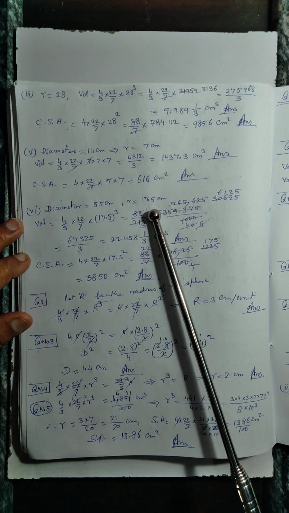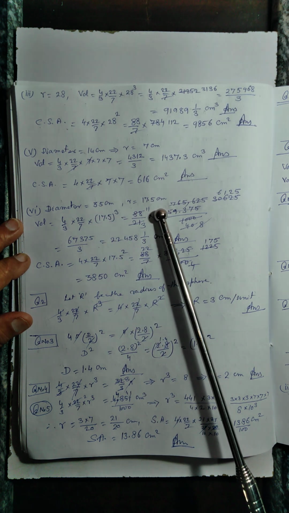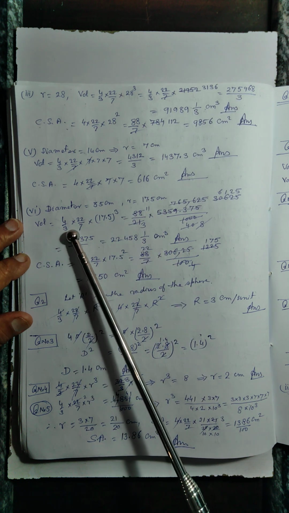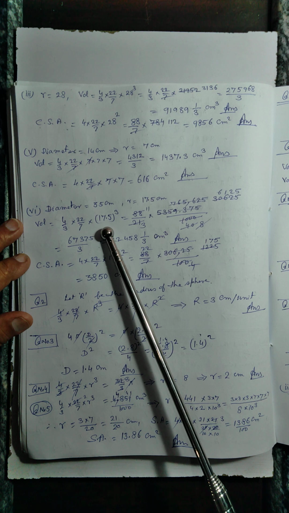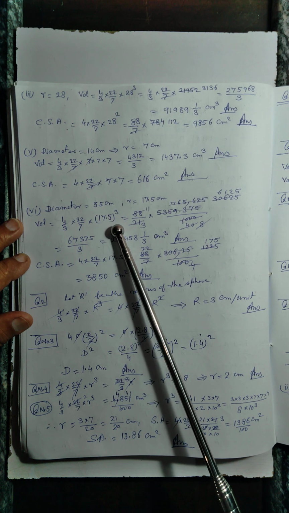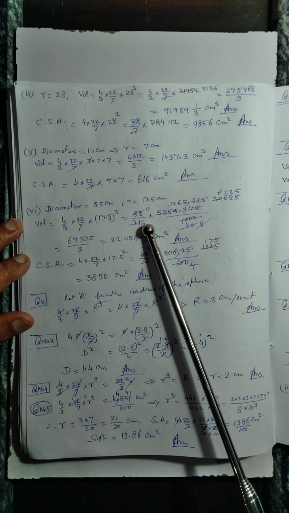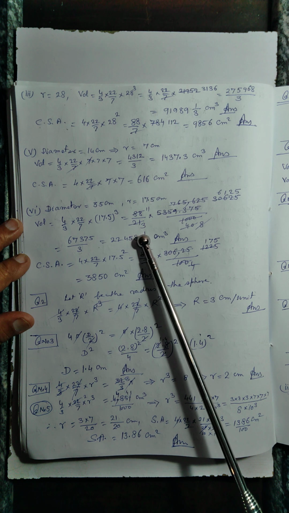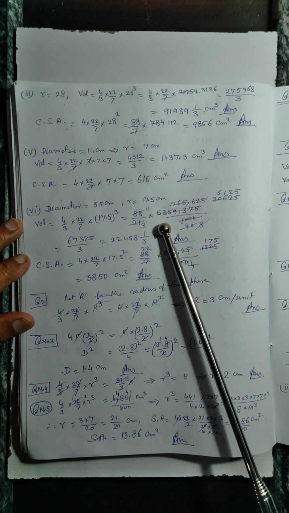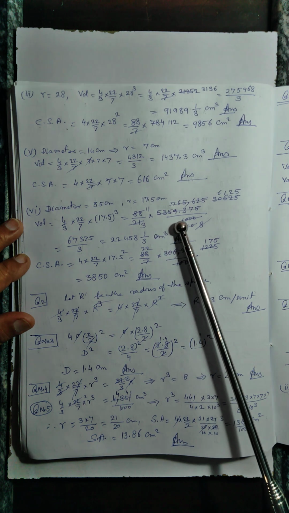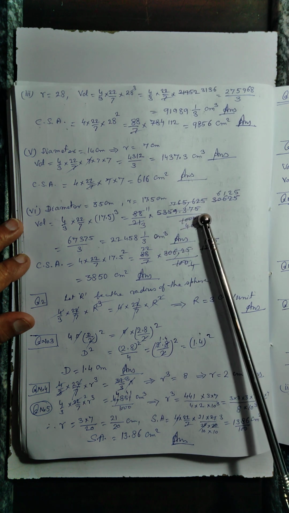Now the sixth part of the question number 1, that is the diameter is 35 centimeter. So the radius will be equal to 17.5 centimeter. So volume will be equal to 4 by 3 into 22 by 7 into 17.5 whole raised to power 3. It will be equal to 88 by 21 into 5,359.375.